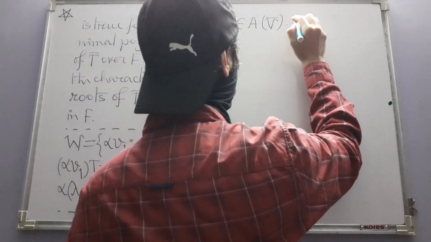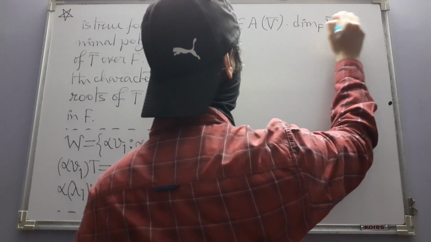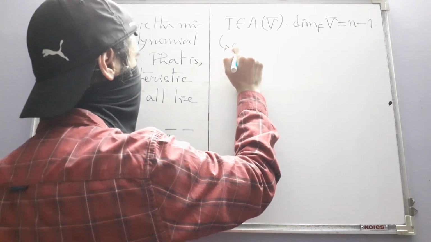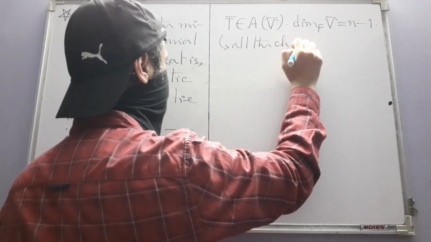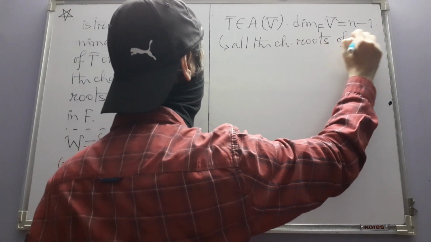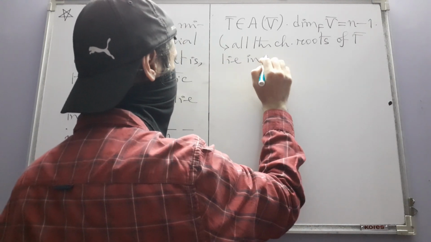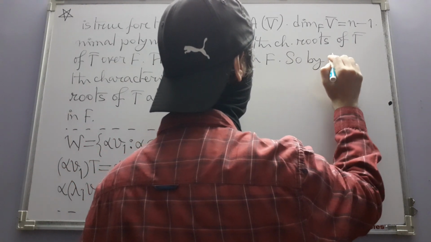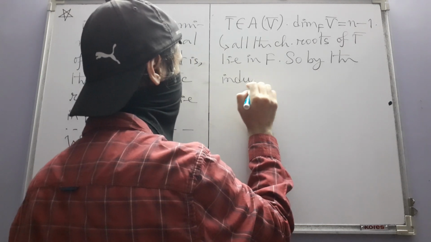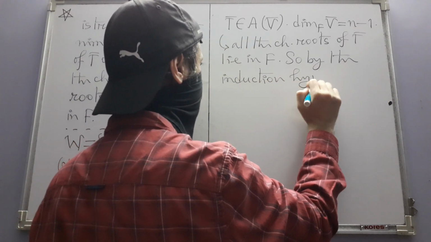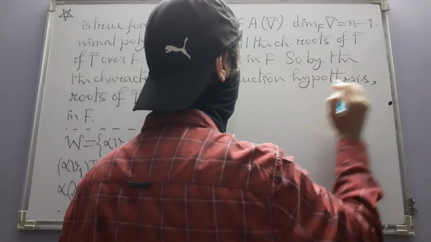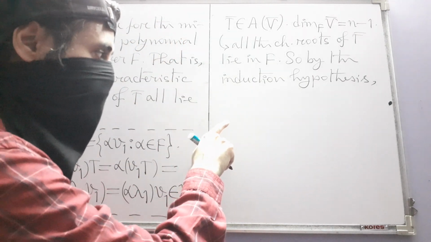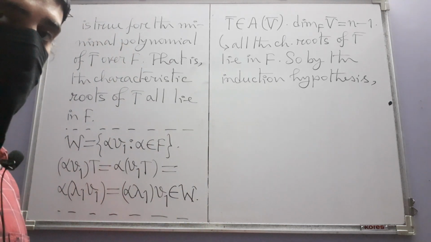The dimension of V bar over F is n minus 1 and all the characteristic roots of T bar lie in F. So by the induction hypothesis, V bar will have a basis in which the matrix of T bar will be triangular.